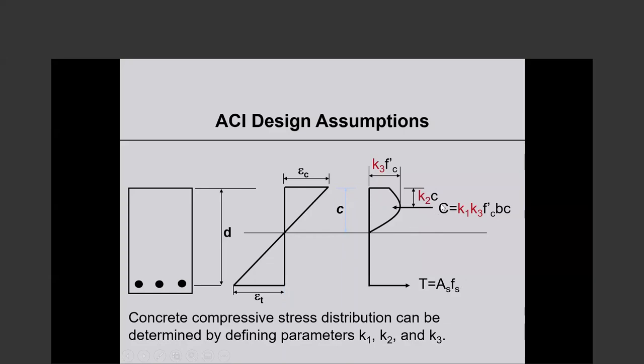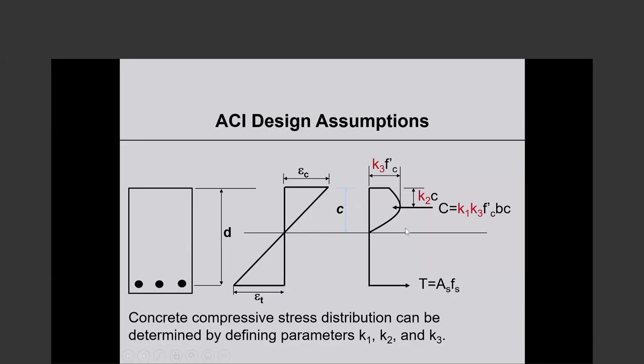We are also saying that this total compression in the concrete is k3 f'c times the width of the section b times the neutral axis depth c if k3 f'c were the uniform stress over the compression zone. But k3 f'c is not uniform over the compressive zone.